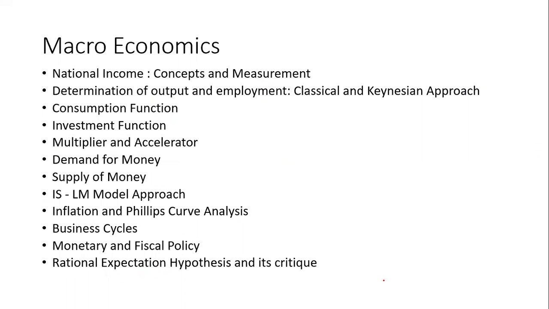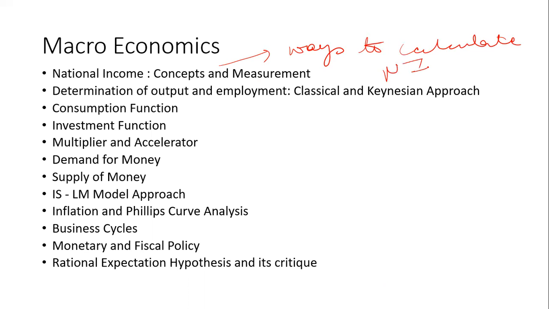The next topic that I am going to talk about would be the next important module, which is macroeconomics. In macroeconomics, we will start with national income. We will understand the different ways to calculate national income: income method, expenditure method, product method.